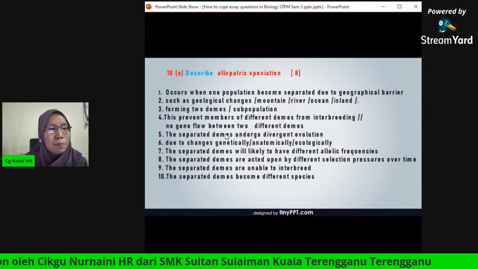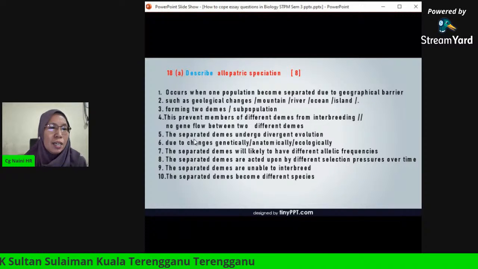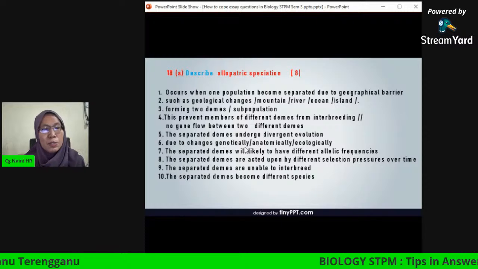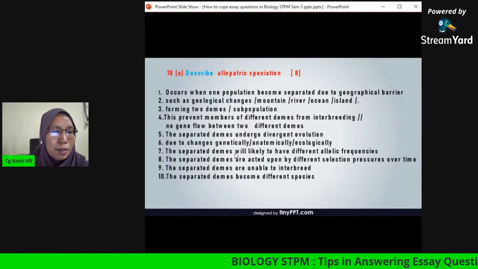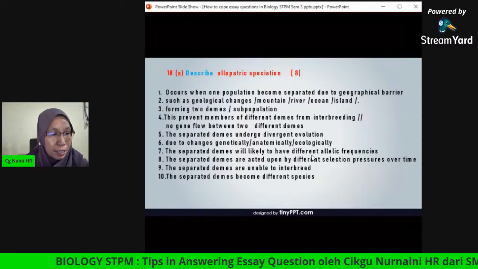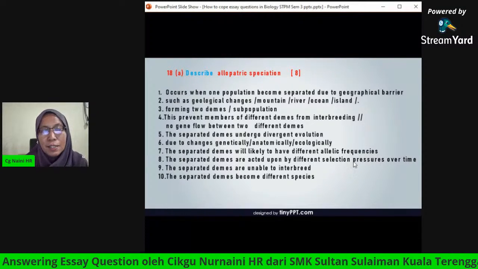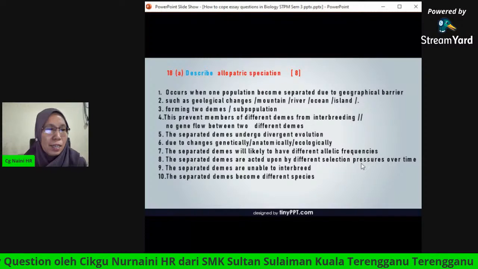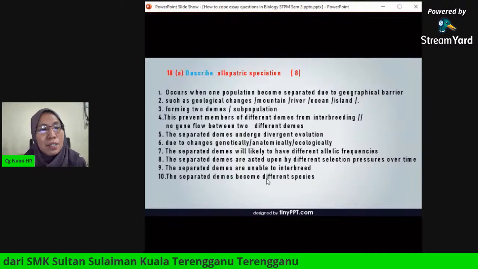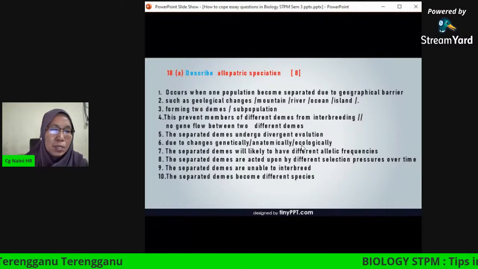The separated demes undergo divergent evolution due to genetic change. So you continue in essay type. The separated demes will likely have different allelic frequencies. The separated gene pools are acted upon by different selection pressures over time. The separated demes are unable to interbreed, or the separated demes become different species.